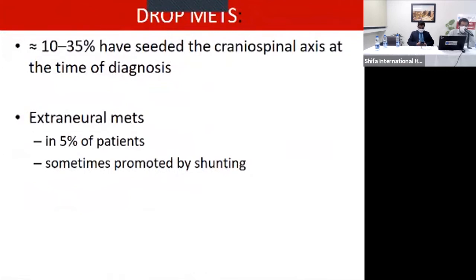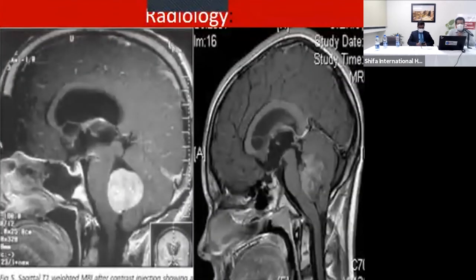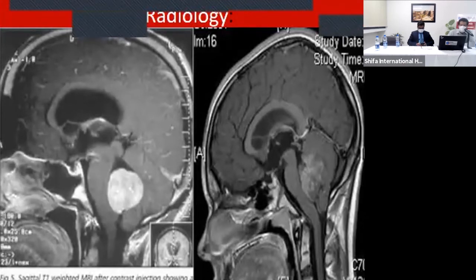In these kinds of patients, shunting is not indicated because this may promote extraneural mets. So this is a T1 contrast MRI showing the medulloblastoma resulting in development of hydrocephalus.